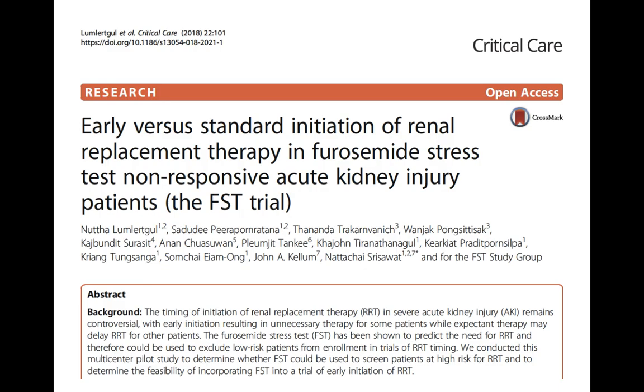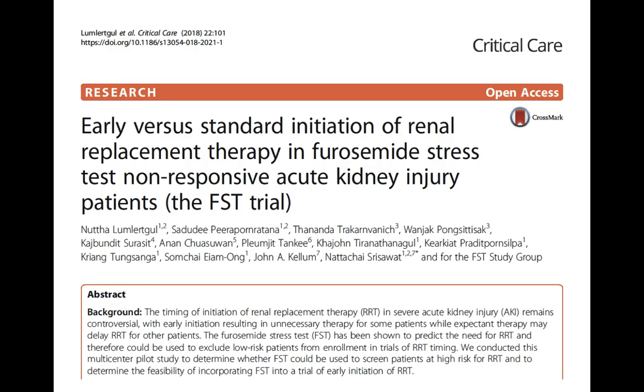John and one of his former fellows, who's now an attending in Thailand, worked together, and they have recently published the furosemide stress test trial, the FST trial. This investigator group utilized the furosemide stress test to try and enrich the population for early versus standard of care renal replacement therapy.